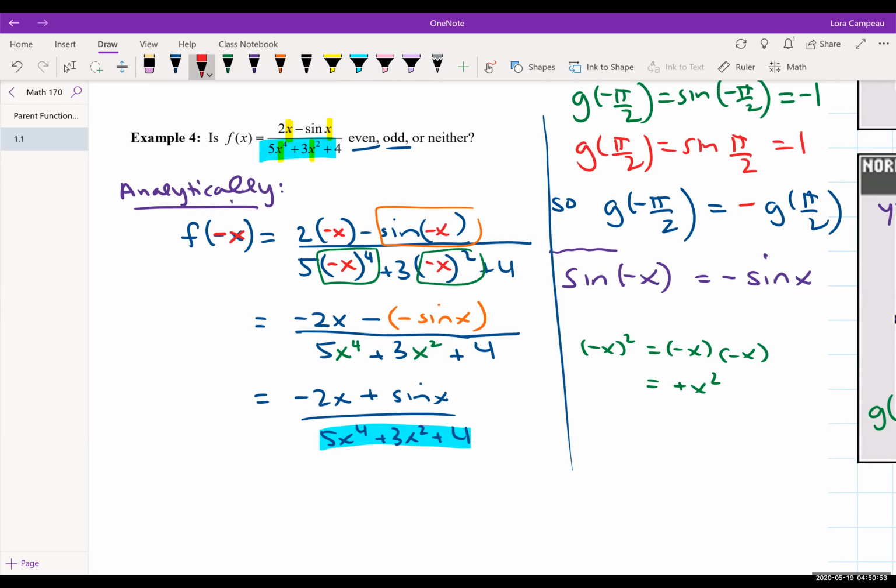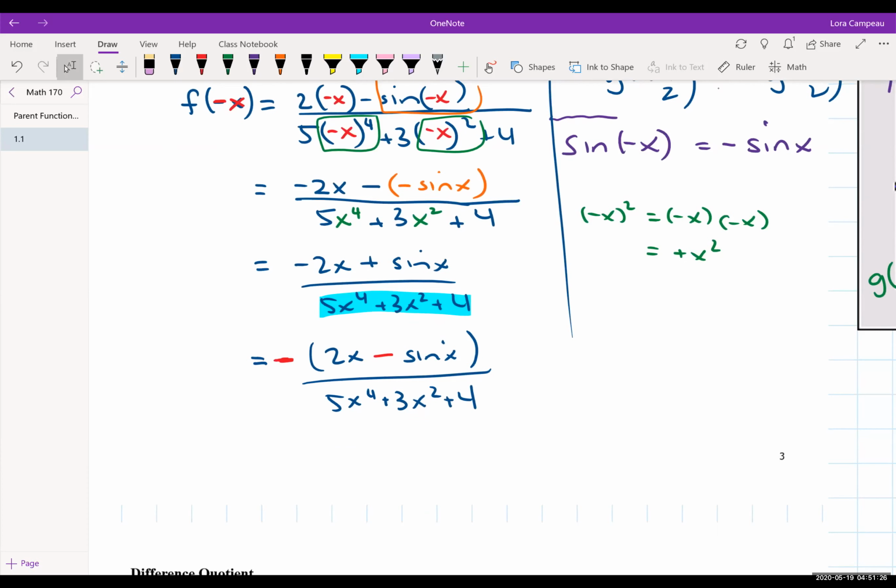This gives me a clue that we could factor out a negative sign to make it look more in line with our definition. If I factor out a negative, that leaves me with a positive 2x minus sine x, all over 5x to the fourth plus 3x squared plus 4.